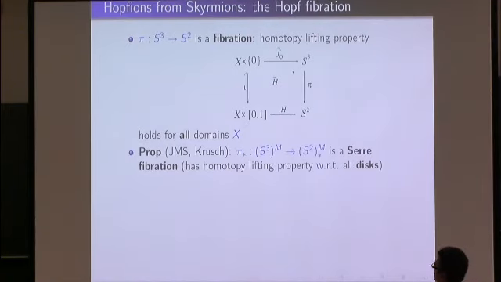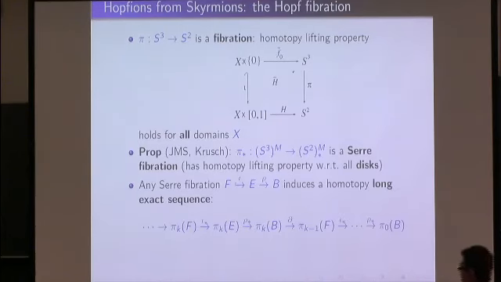Well, it's not very hard to take that and prove that the induced map from the space of maps from M into S3 to the space of maps from M into S2, algebraically essential, is a Serre fibration, which means it has this property but only with respect to all disks. So it's not quite a fibration, but it's a Serre fibration.